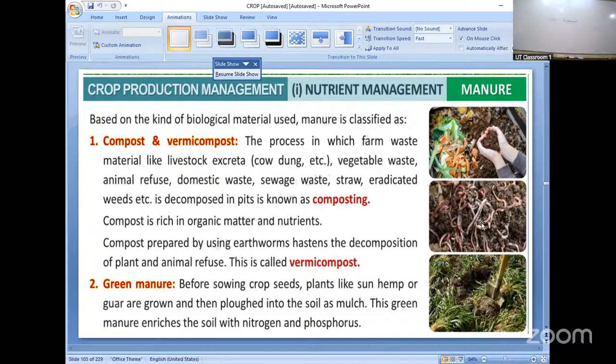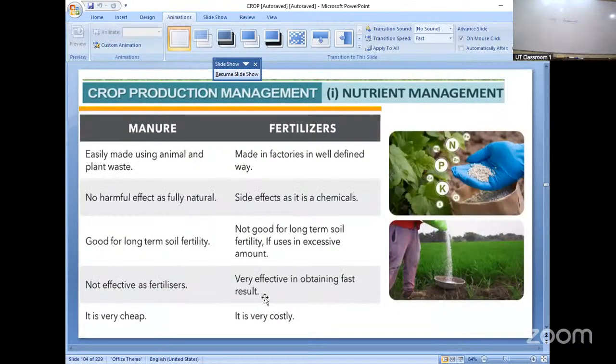So the earthworm is also considered the farmer's friend. And the green manure enriches the soil with nitrogen and phosphorus. Crop seeds like sunhemp or gourd can be used. Okay, that helps to prepare the green manure.